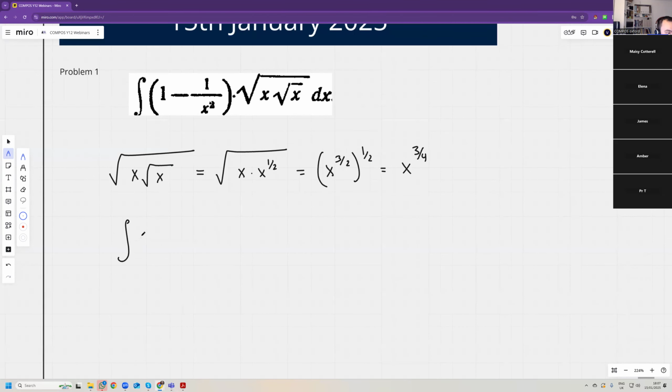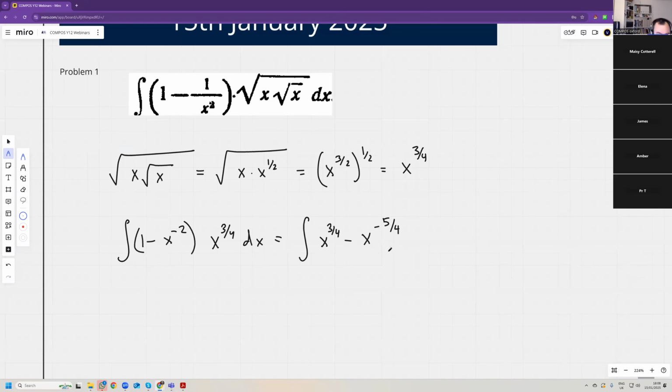So we have the integral of (1 minus x to the power minus 2) multiplied by x to the power 3/4 dx. Now it looks reasonable. It's going to be x to the power 3/4 minus 2 minus 3/4. That's going to be x to the power 1 minus 5/4.